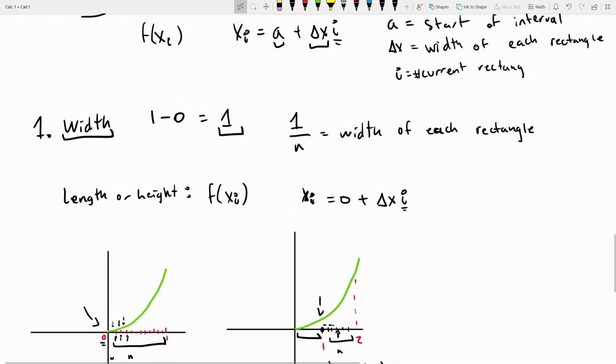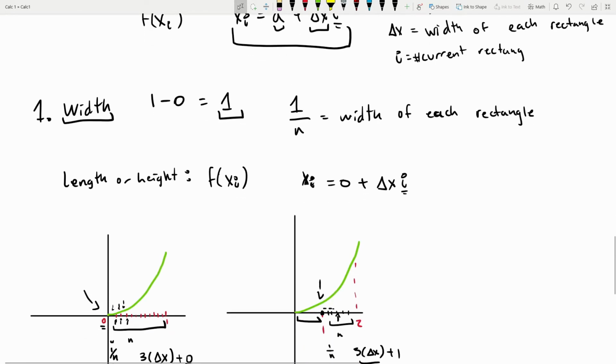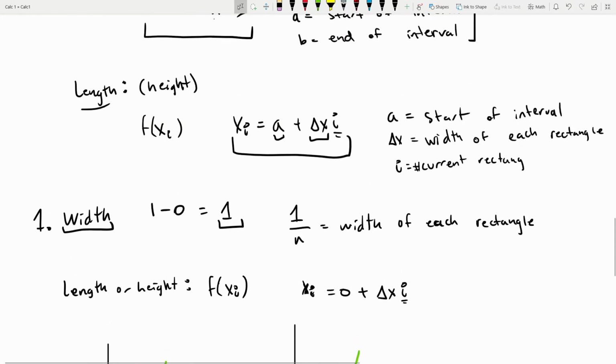And if we look, it follows the formula right here. Again, I don't like memorizing these formulas, so I derive it on the fly. But if you are a fan of memorizing stuff, then definitely just remember this one. You basically take your start interval, and then you add the number of rectangles you want to skip over.